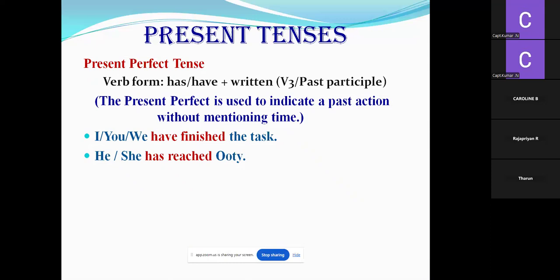But only for third person singular, we must use has written or has reached. So that's why with he or she, we are using has. Our parents have given us pocket money. See, all these sentences, you should note that these activities happened in the past, but we are not mentioning the time when it happened.